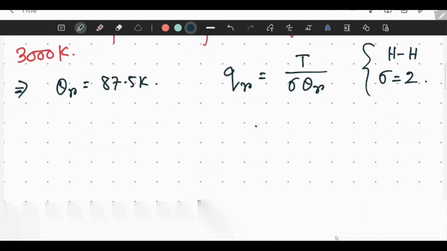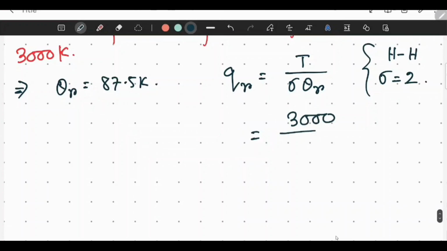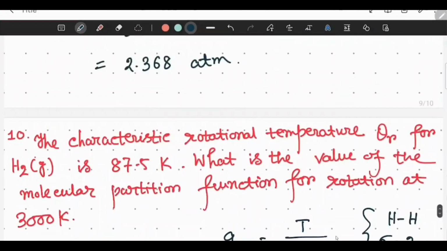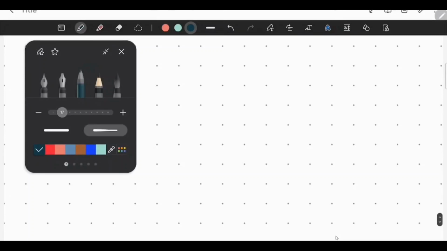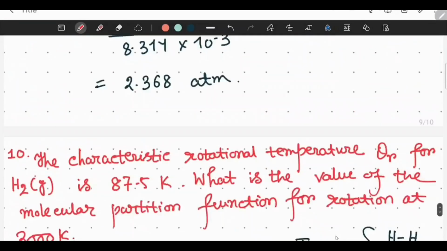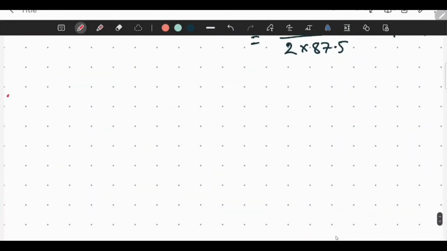Correct. So we can write it. We have to find out the partition function. So it is T, that is 3000 Kelvin, and it is 2 into 87.5. This is a very, very trivial question. And it is 17.14. Okay. Now that is question number 10. So now going to question number 11.